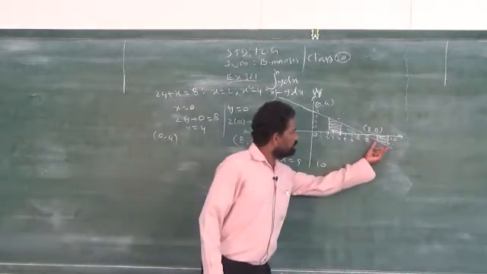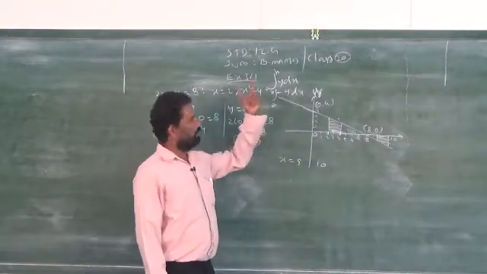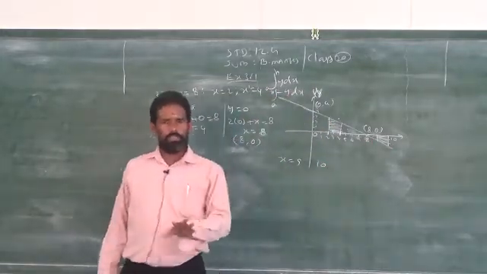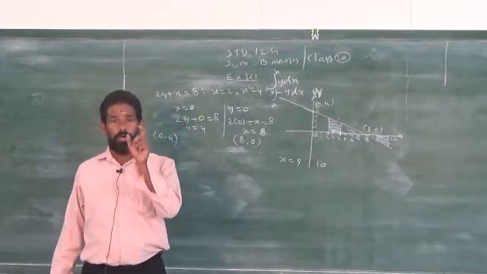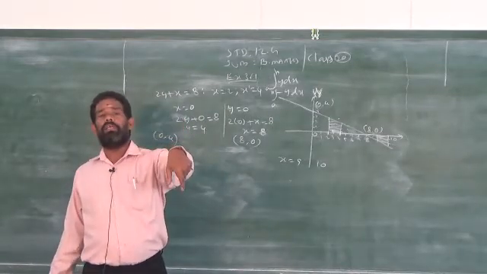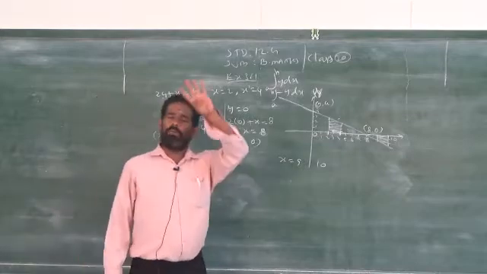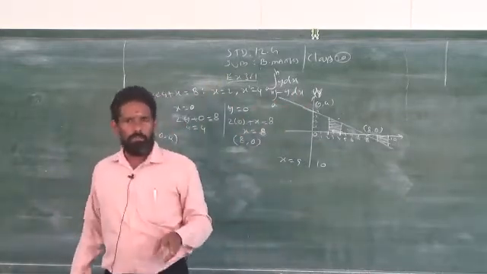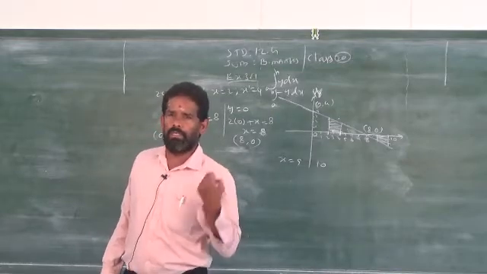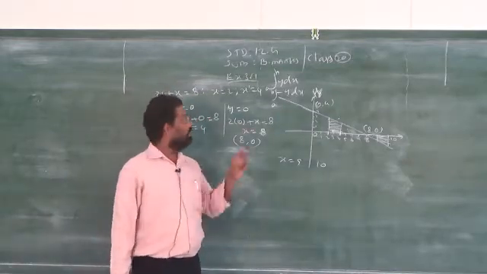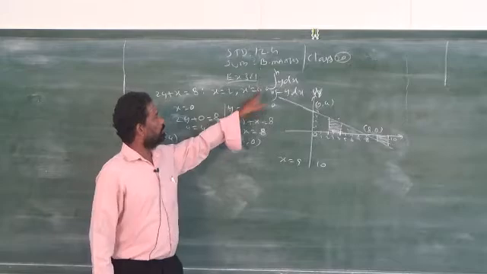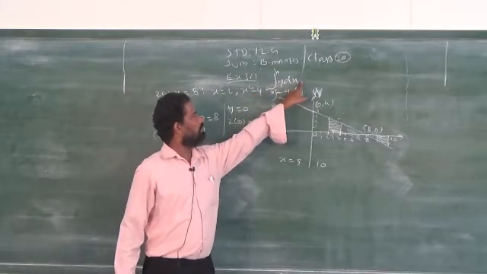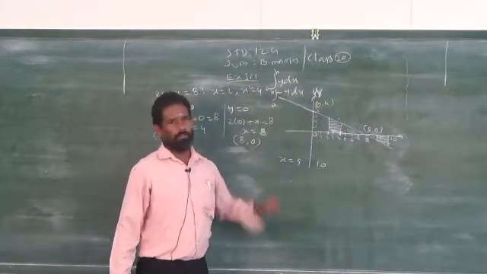In this case, you have to take which formula? Second formula. Are you clear now? So depending upon the limits, you have to find the suitable formula out of these 4. Two are for when x limits are given, and the other two are for when y limits are given. So depending upon the given limits, you have to select one of these formulas.